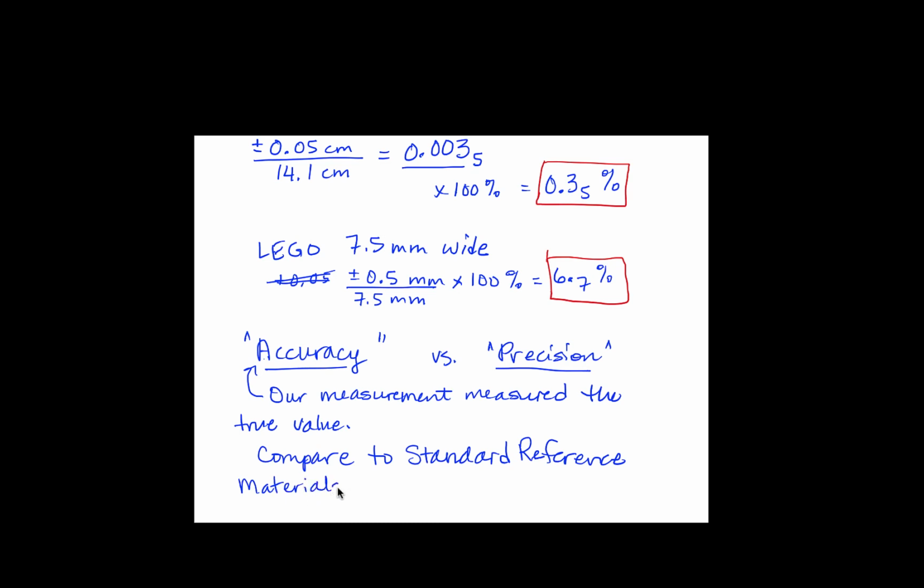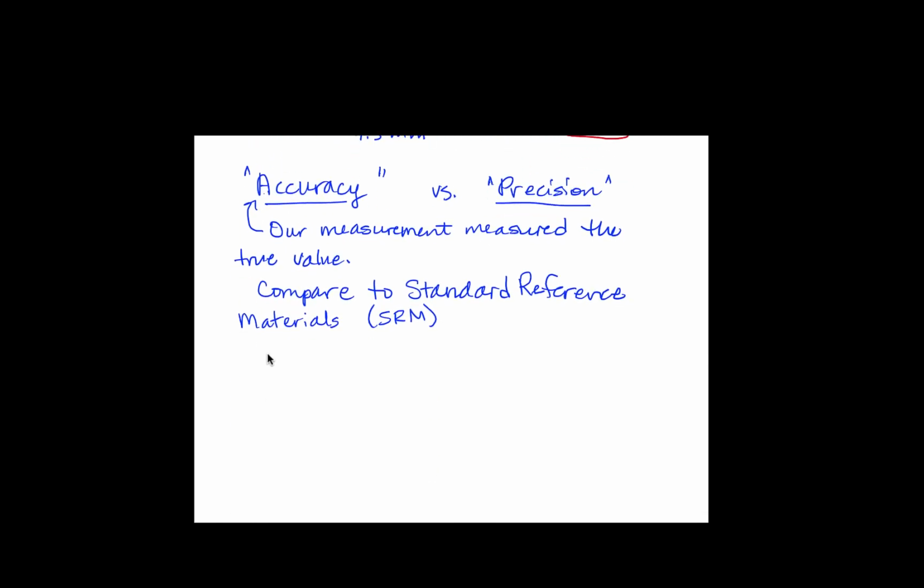And they're often abbreviated SRM. And standard reference materials in the US anyway are created and maintained by the National Institute of Standards and Technology. It's a governmental agency, and they produce a bunch of different standards for all different kinds of analytical applications.